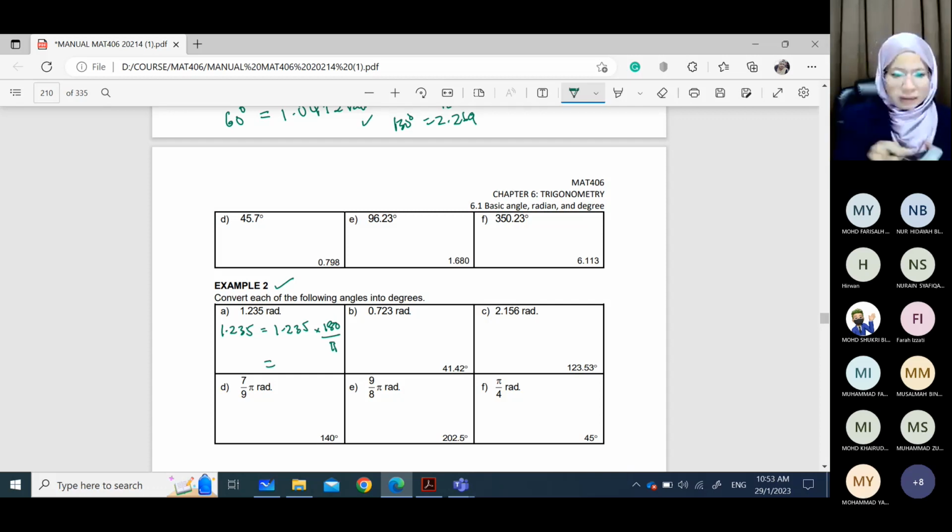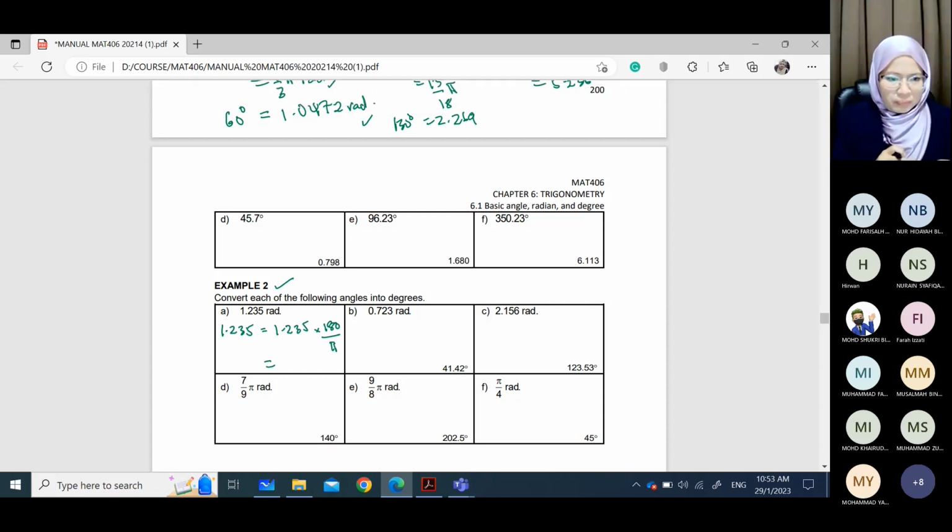Okay, so jawapan dia adalah 1.235 multiply with pi, multiply with 180 over pi. So sama juga dengan 70.76 degrees. Apa tak jawapan ni?